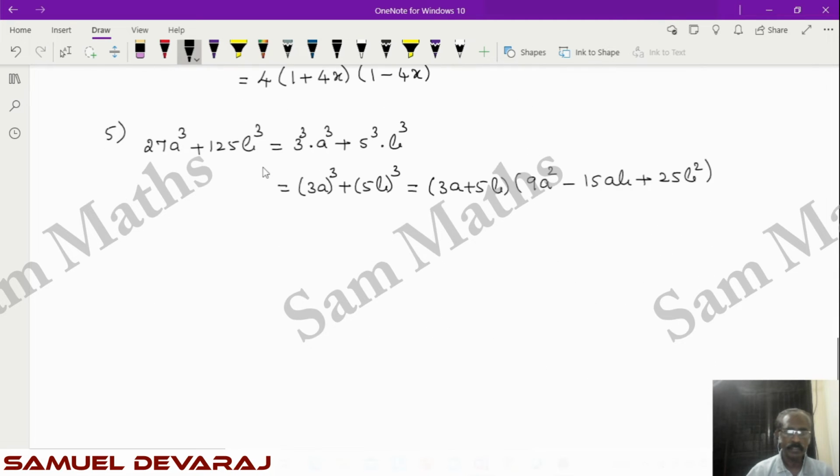Okay, children. Now I'll give you one more question to use another identity. See here, I am going to use another identity. For this particular problem, l cube minus 8m cube minus 27n cube minus 18lmn.